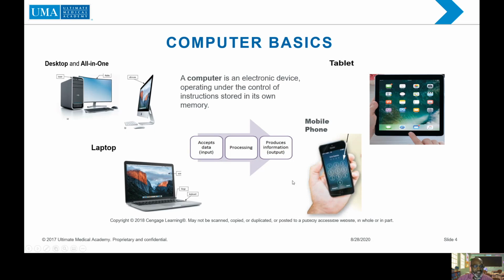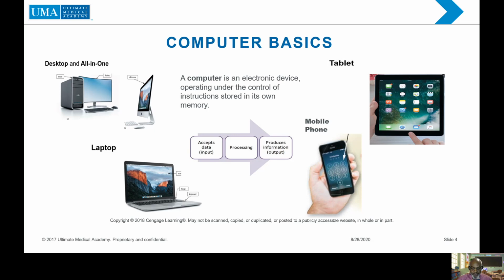Now you see this image in the middle. This is really going to give you a basic and nice grounded background and foundation to build on for the rest of the knowledge that we're going to be discussing today. So what a computer does, all computers, they accept data. And that is what's called input. How do they accept data?